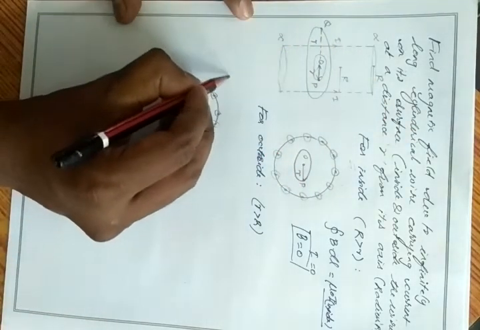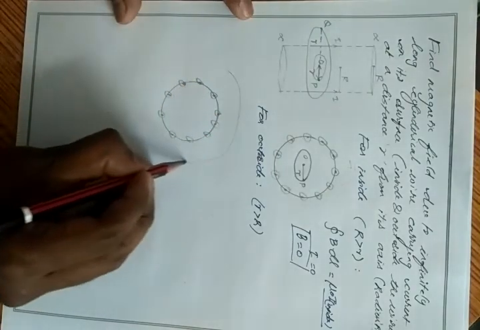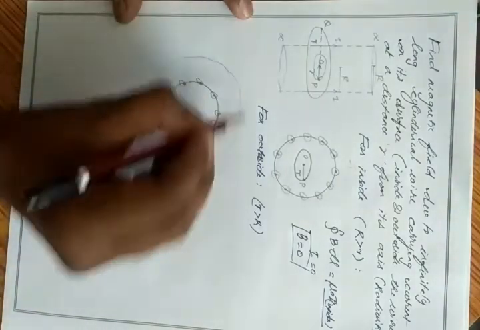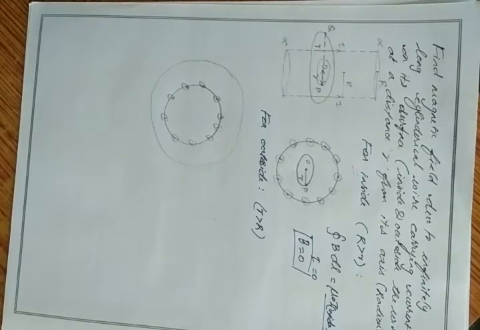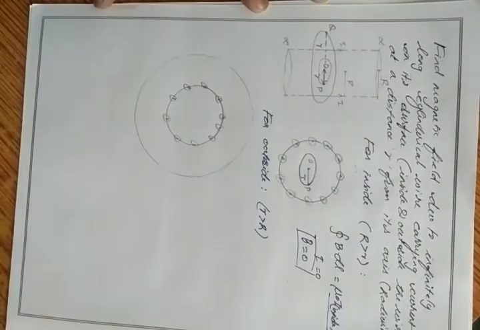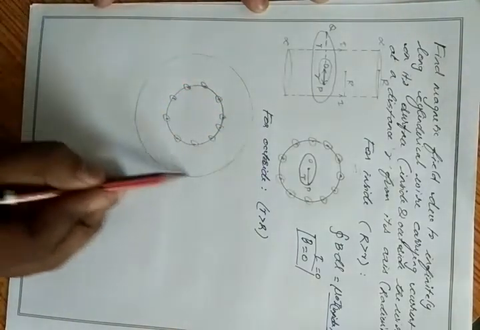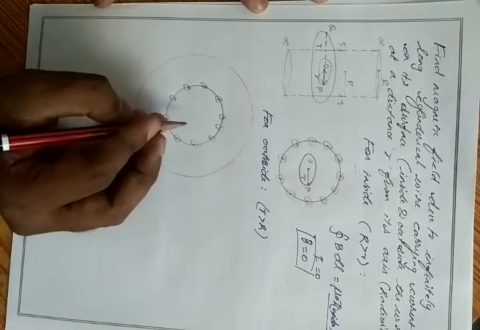So this will be my Ampere circuital loop. Okay, this is my cylinder.